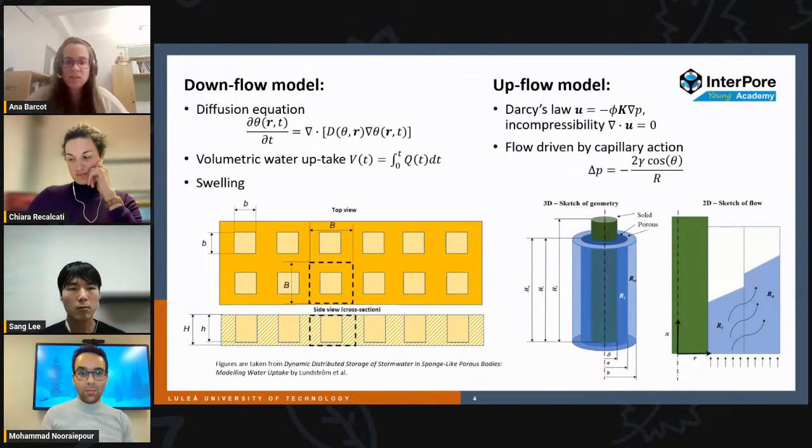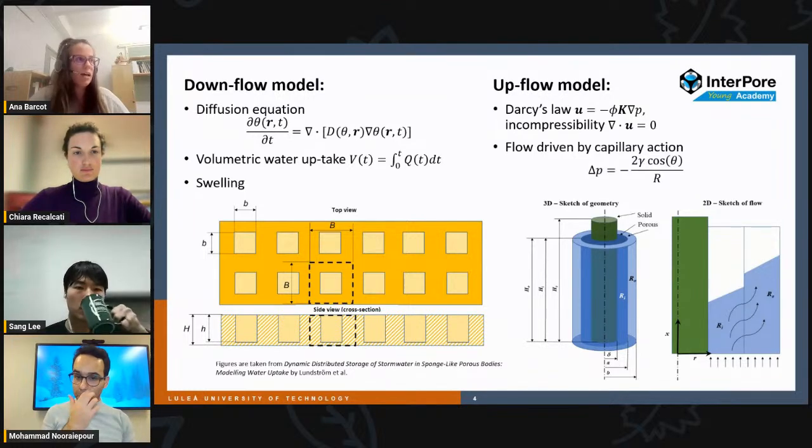Here it is presented in its most general form, where theta represents the water concentration and D is the diffusion coefficient. The diffusion coefficient we consider to be constant. Alongside the diffusion equation, we can also derive the volumetric uptake, and further express it in terms of the concentration. So we have a suitable set of equations.